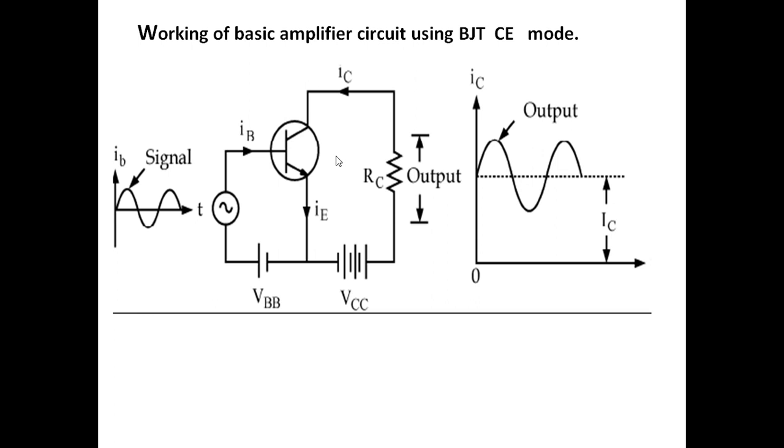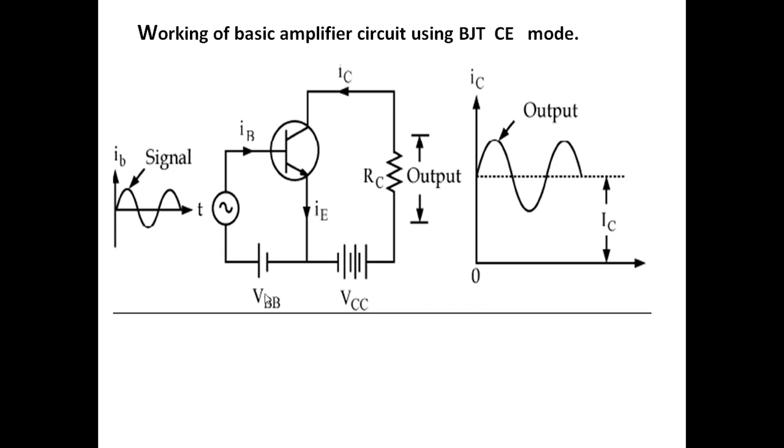So in order to operate the transistor in the active region, externally we should apply some DC voltage. These DC voltages are provided by VBB and VCC. VBB and VCC are applied to this circuit in order to operate the transistor in the active region.